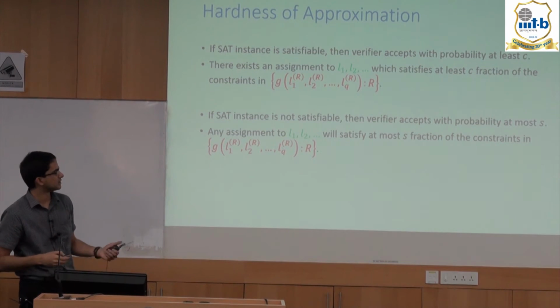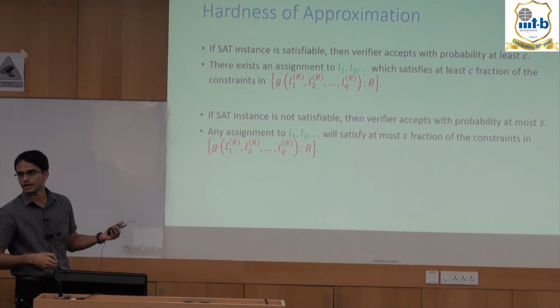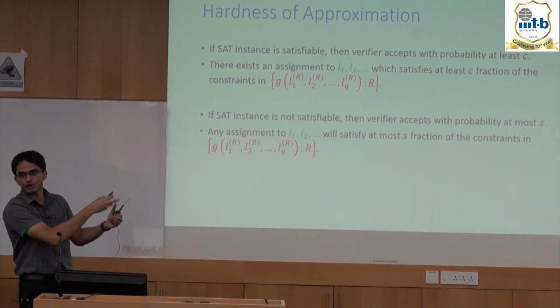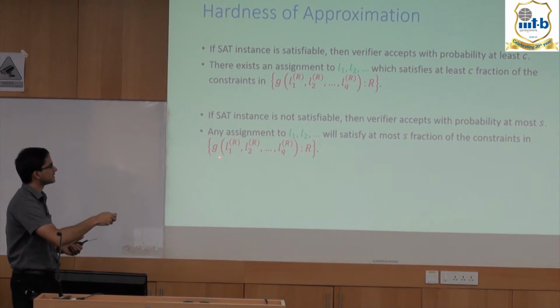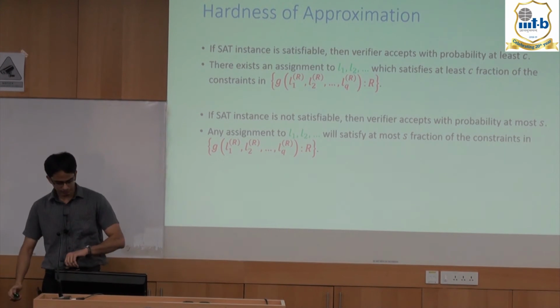Again, the reasoning is the same. The verifier looks at this multi-set, picks a random constraint from here and checks it. Because that protocol passes with probability S, at most S fraction of these constraints are satisfied under any assignment. Right.